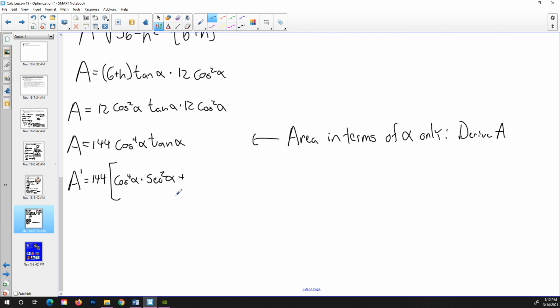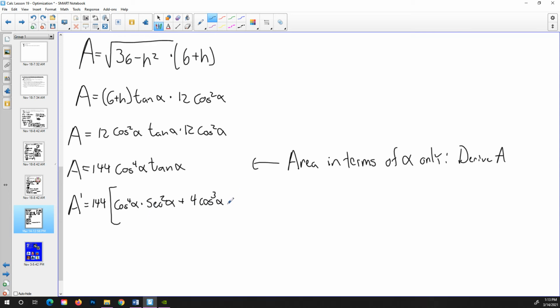And then to that I'm going to add, and now I've got to do the derivative of this, so it'll be 4 cosine, and then I've got to reduce that by 1, so it'll be 3, cosine cubed of alpha. Then I have to take the derivative of cosine because it's a composition, and the derivative of cosine alpha is negative the sine of alpha, and then I have to leave the tangent alpha alone.